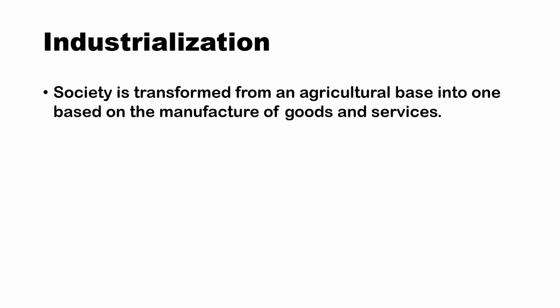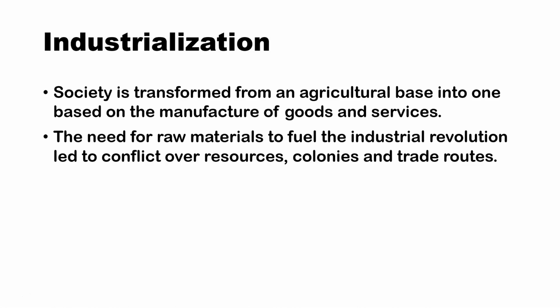Industrialization, which we talked about in a previous video, fueled World War I. Remember, that's when society is transformed from an agricultural base into one based on the manufacture of goods and services. So the need for raw materials to fuel the Industrial Revolution and to enrich the merchants and owners of the factories led to conflict over resources, colonies, and trade routes.